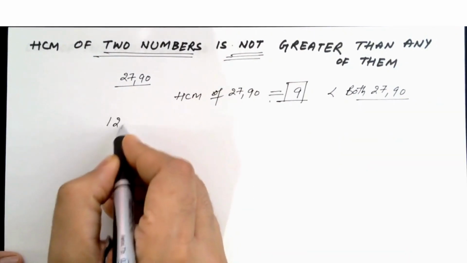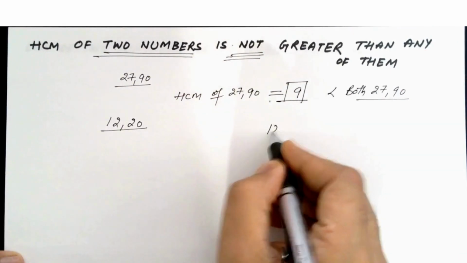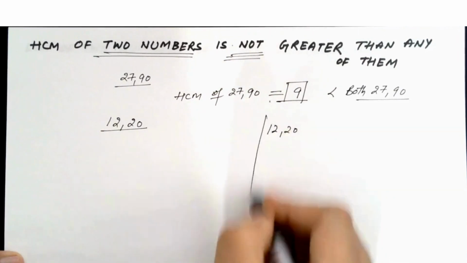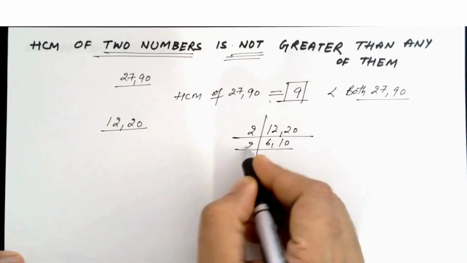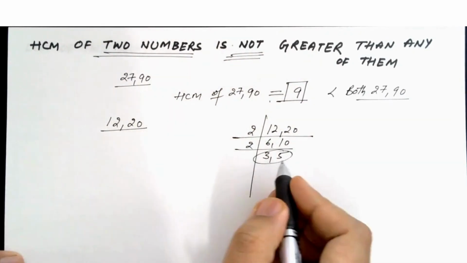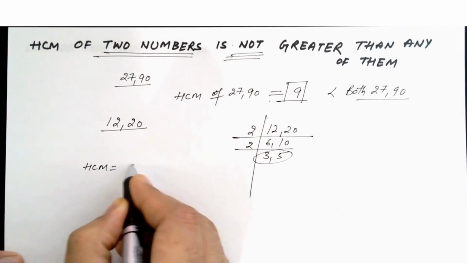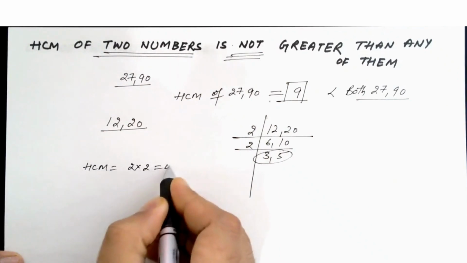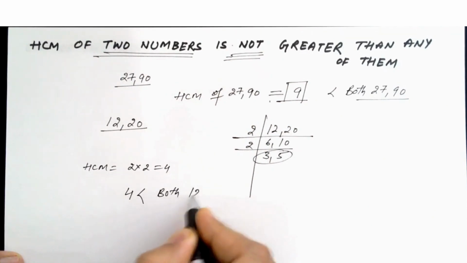In the same way we can take another example. Let's take the example of 12 and 20. If you find the HCF of 12 and 20 by the common division method, there is no further common prime factor, so the HCF is 2 into 2 which is 4, and now 4 is less than both 12 and 20.